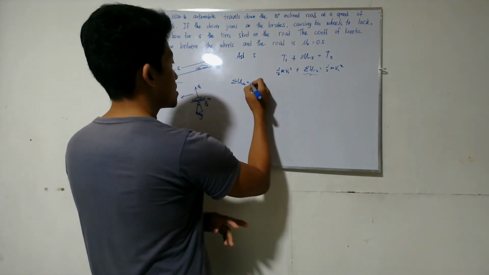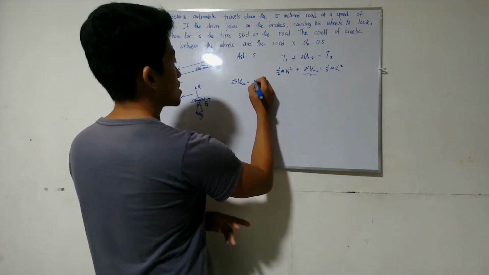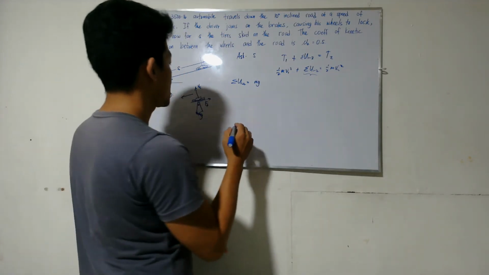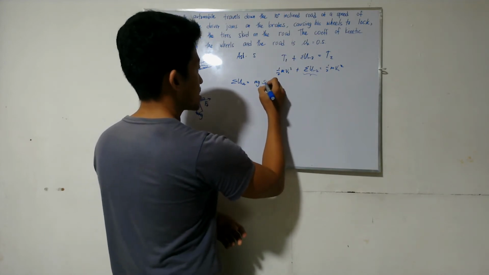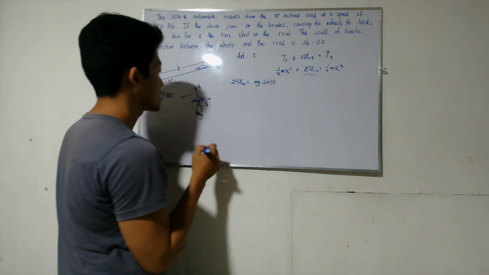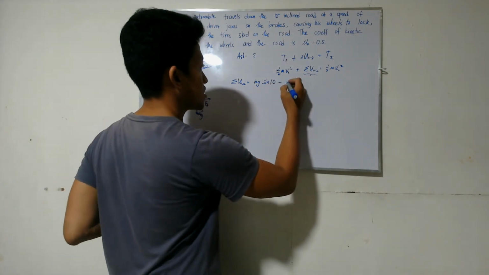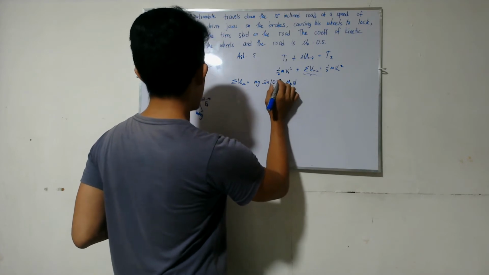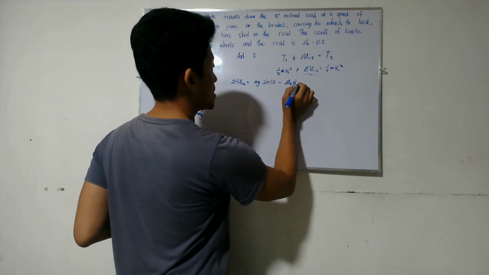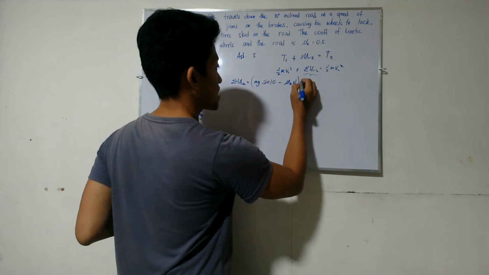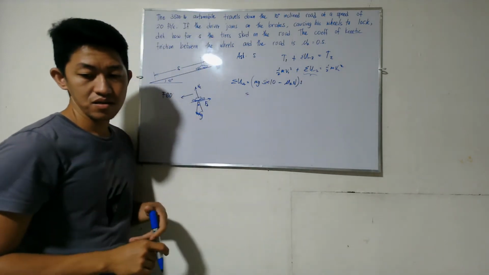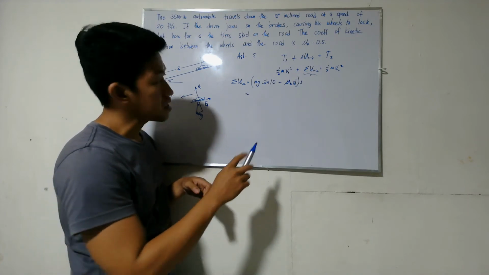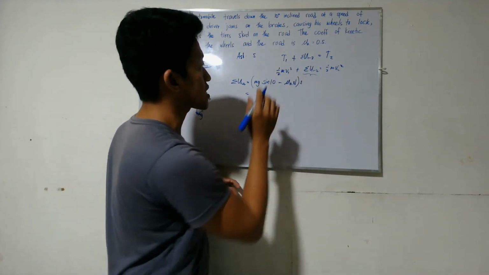This is just mg sine 10 minus the frictional force mu k N. Oh, by the way, mu k N, we multiply this by s because they are the same. Okay, so we have seen the S component, what we are looking for.